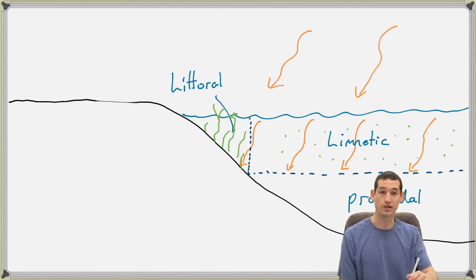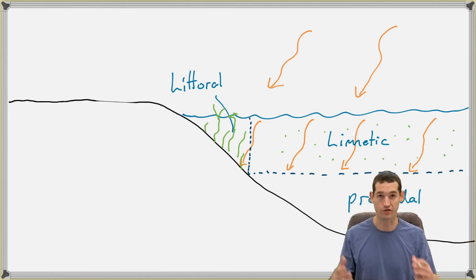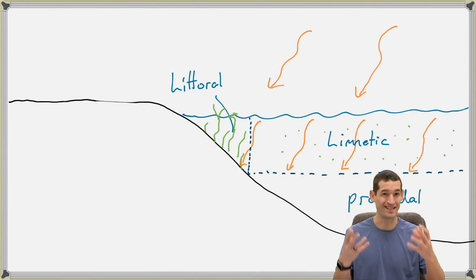The littoral zone and the limnetic zone would both have producers that allow them to capture solar energy and have that input of energy for the trophic levels. The profundal zone is going to be completely based on what rains down from the limnetic zone to them.